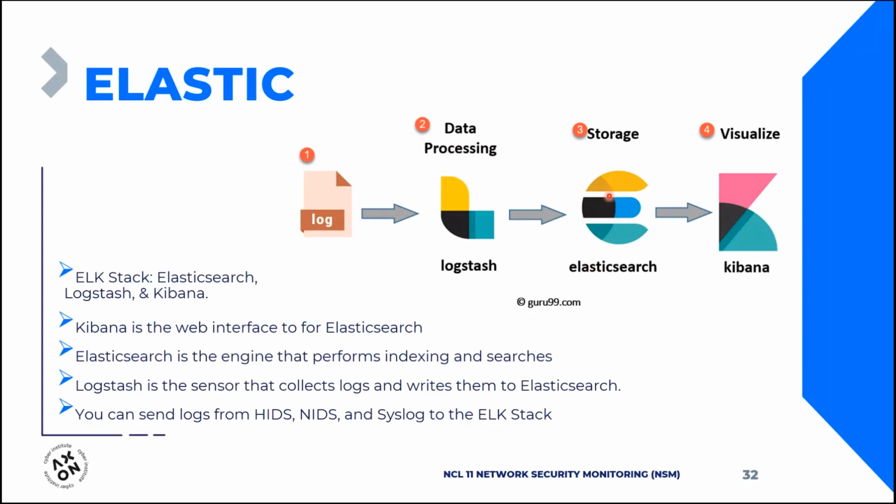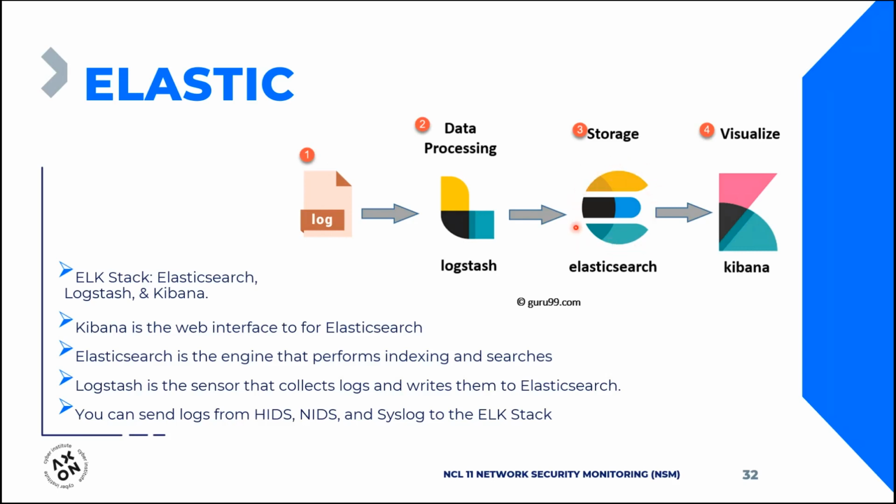And then Elasticsearch, which is the second component in the ELK stack, would actually parse all these logs and index them for you to search them. Elasticsearch by itself doesn't have any graphical interface, so it works as a daemon in the background.